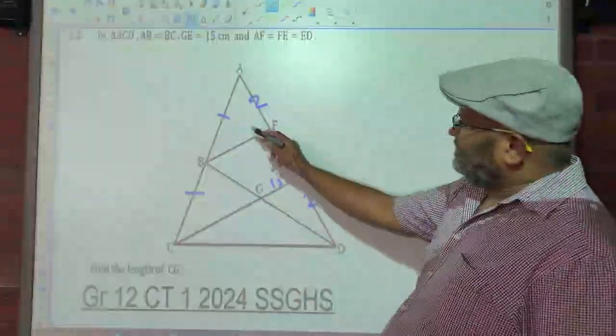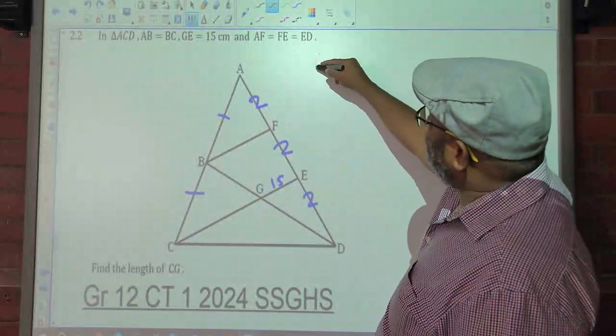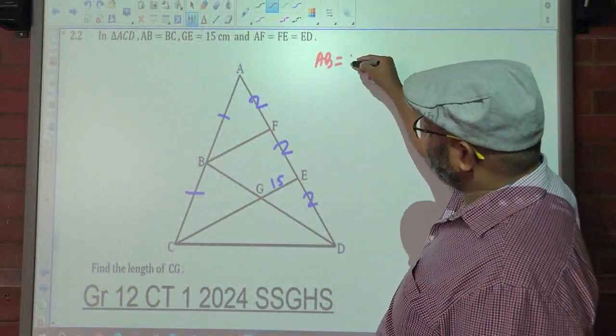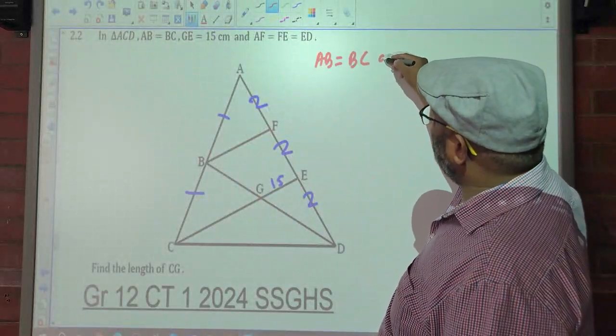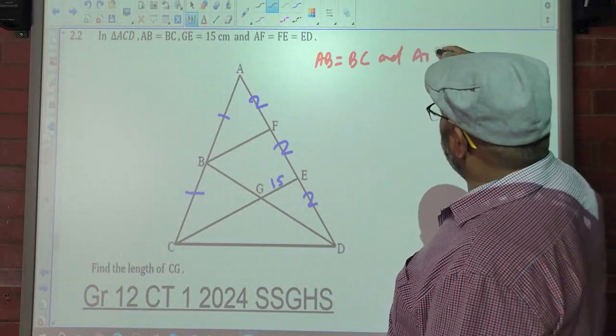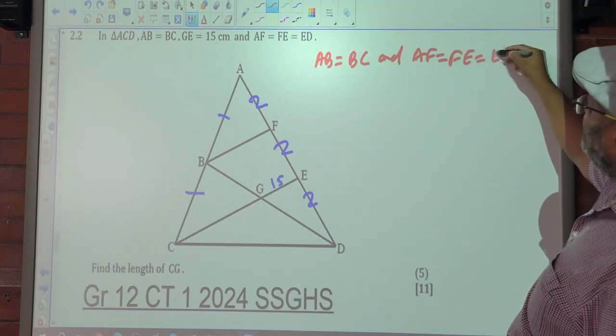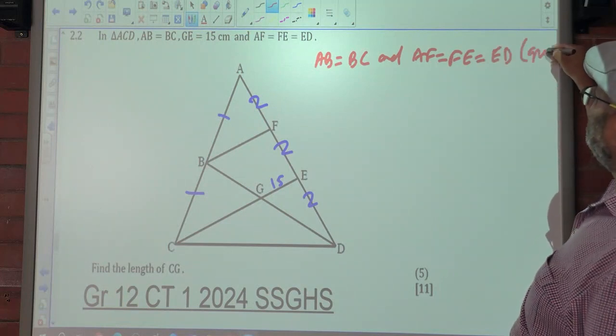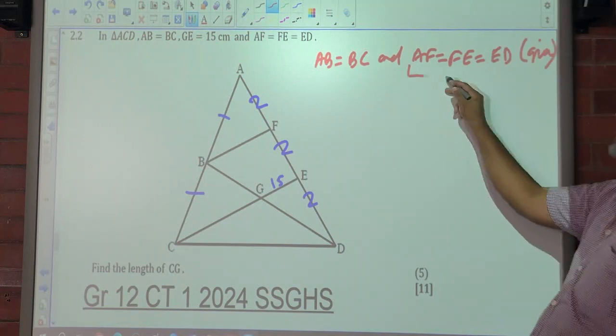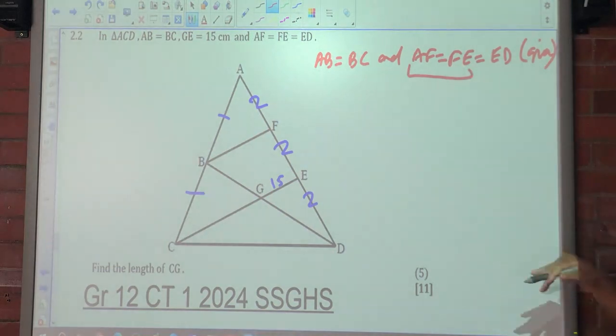So let's go. We know that, firstly, AB is equal to BC, and AF is equal to FE, which is equal to ED. Why? Given. I'm only going to use that part.